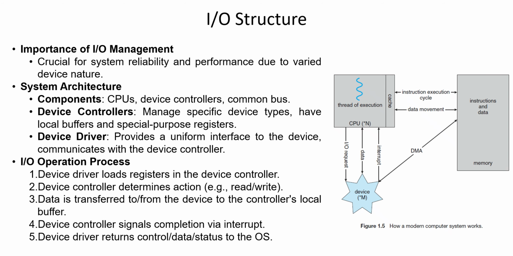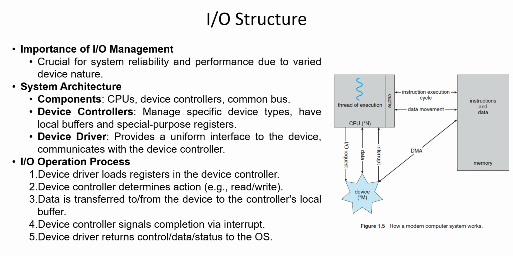Let's now look at I/O structure. How input and output actually happens in a computer system. I/O management is absolutely crucial for system reliability and performance, largely because of how varied device types can be. A keyboard behaves very differently from a hard disk, which behaves very differently from a network card.